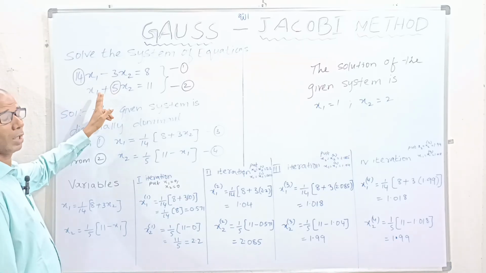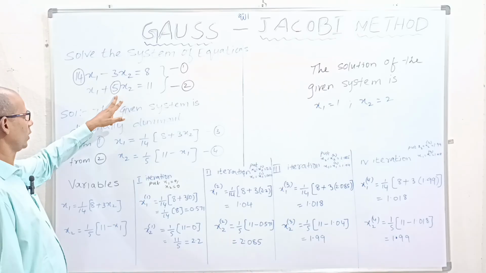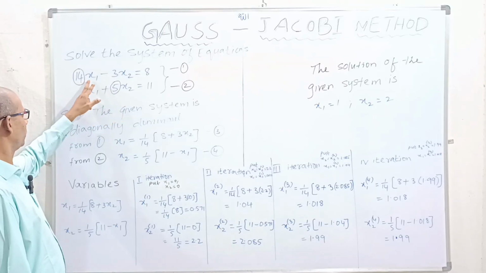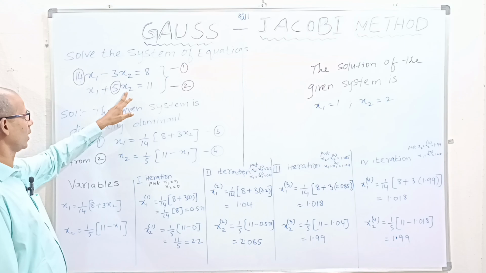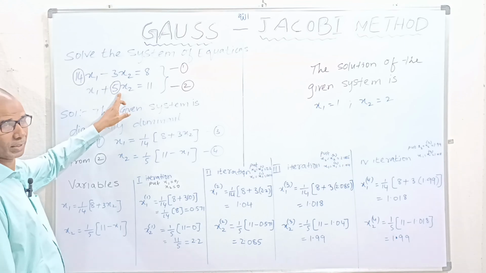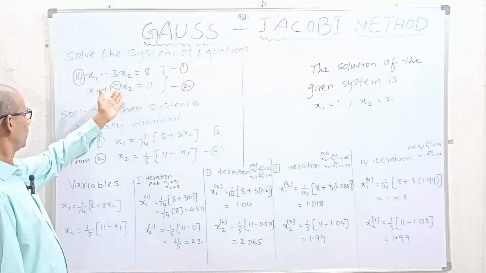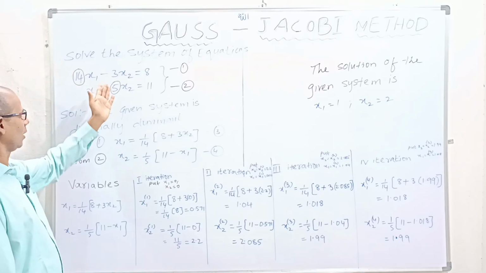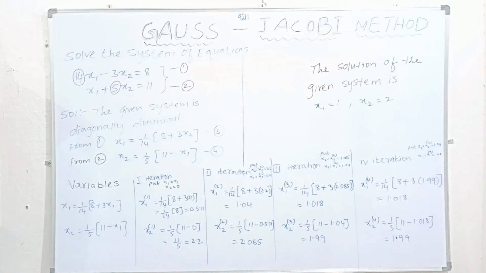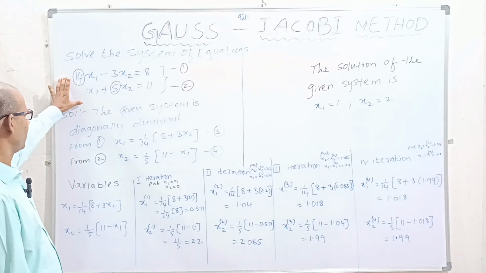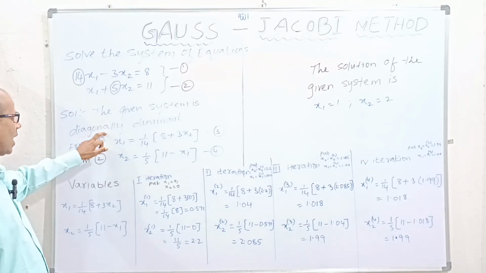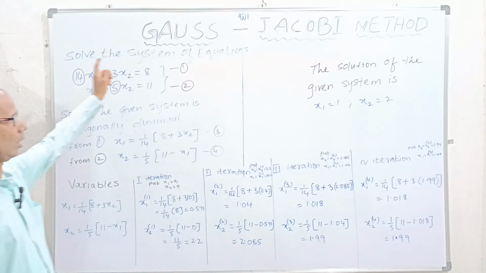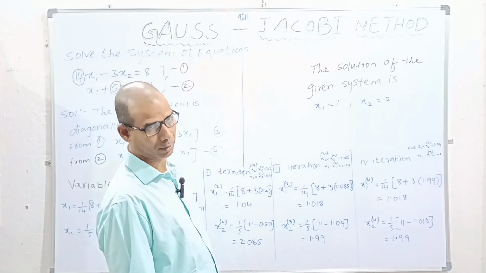Among these, the x2 coefficient is the bigger one. So 14 and 5 are the diagonal elements. Therefore, we say that the given system is diagonally dominant. When the given system is diagonally dominant, we use the Gauss-Jacobi method.